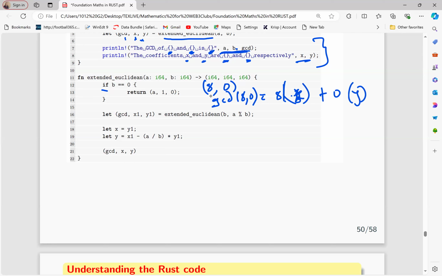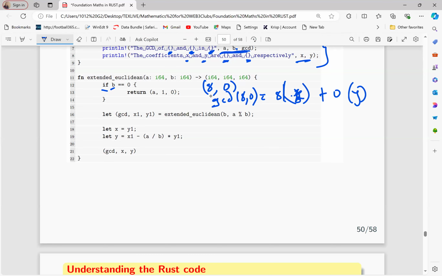It's telling us that if B is 0, then the GCD will be A. In this case, our GCD will be 8. If B is 0, the GCD will be A. And then what about X? X will be 1, and Y will be 0. That's what it's telling us here.